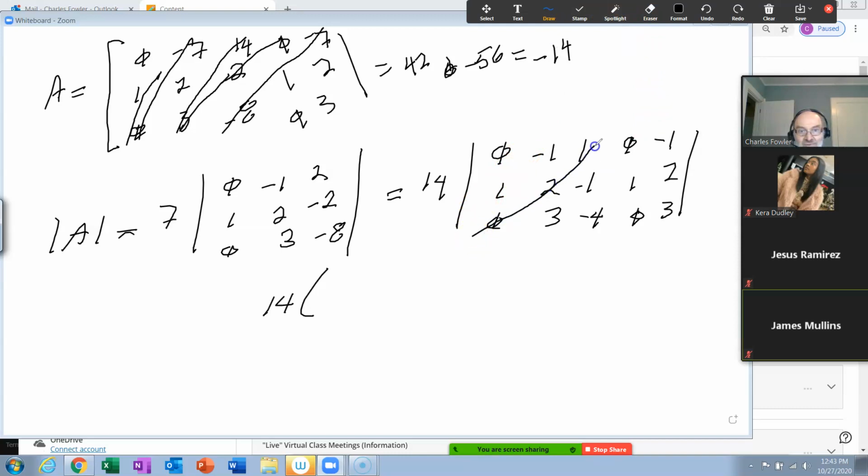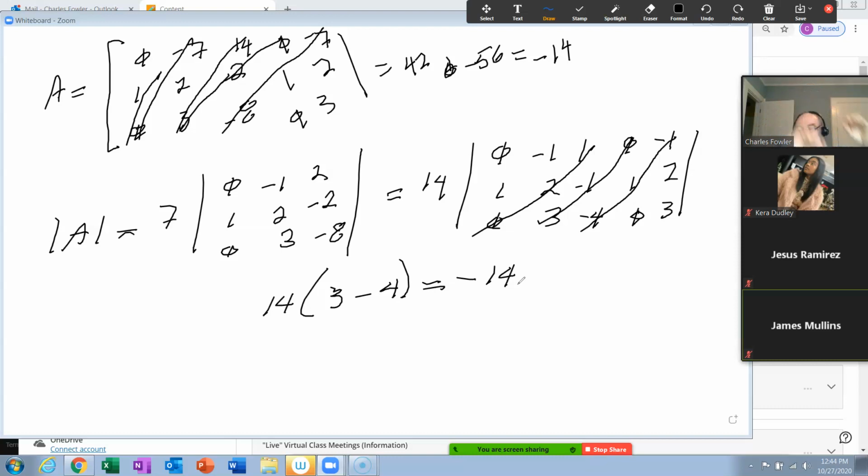That would be a 0, that would be a 0, and this would be a -4. And this would be a 3 and a -4, right? And what do we get? -14. So you see, sure enough, factoring out makes it a little easier. The numbers are much smaller, and we still got -14.